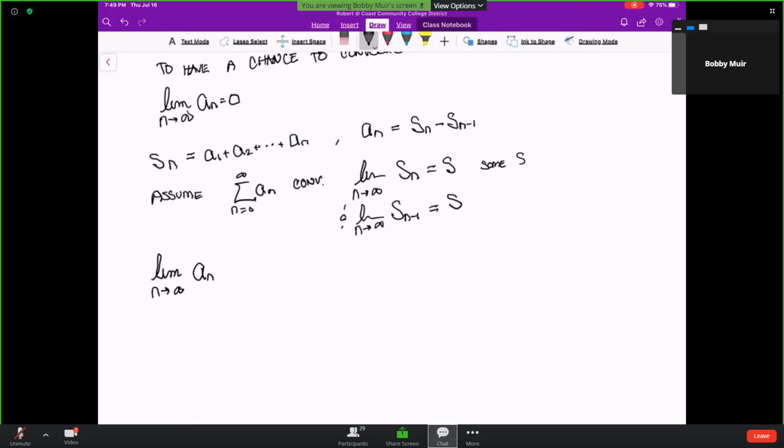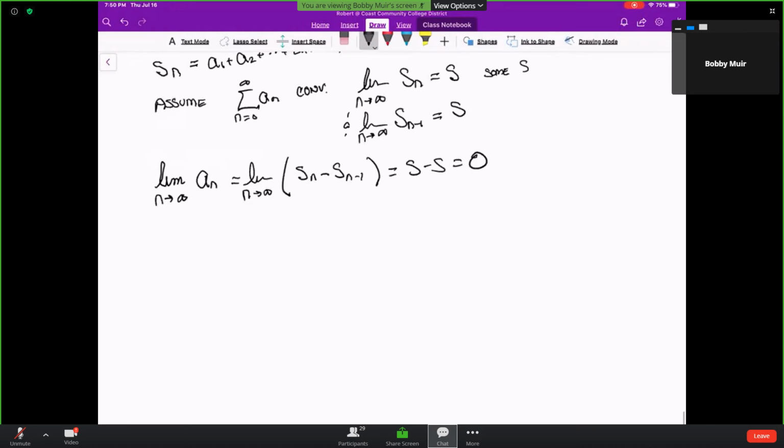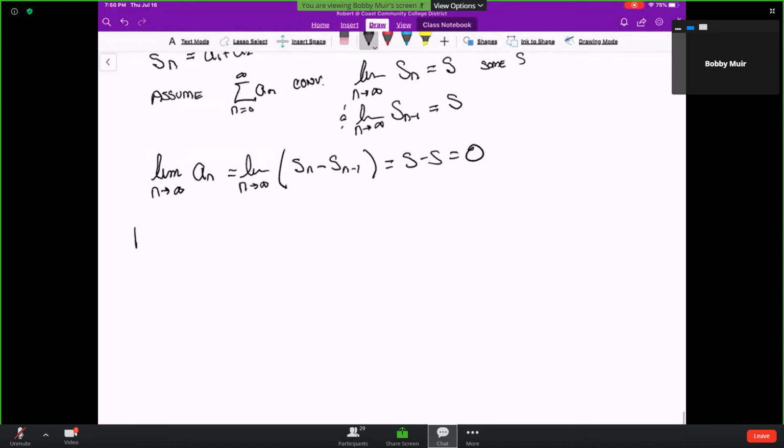Well, it's the limit as n tends to infinity of S_n minus S_(n-1). Our limit laws say that's s minus s, which is 0.